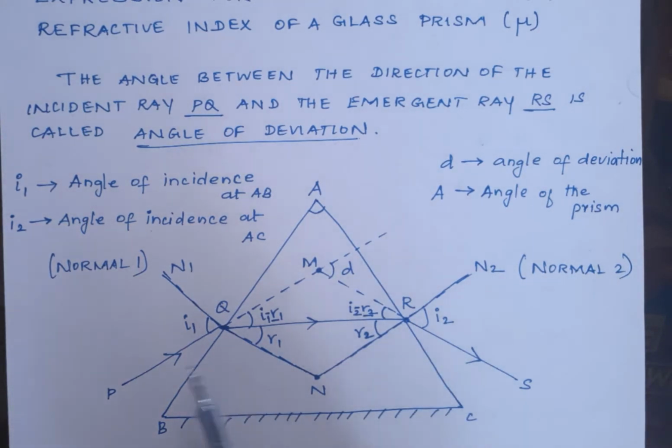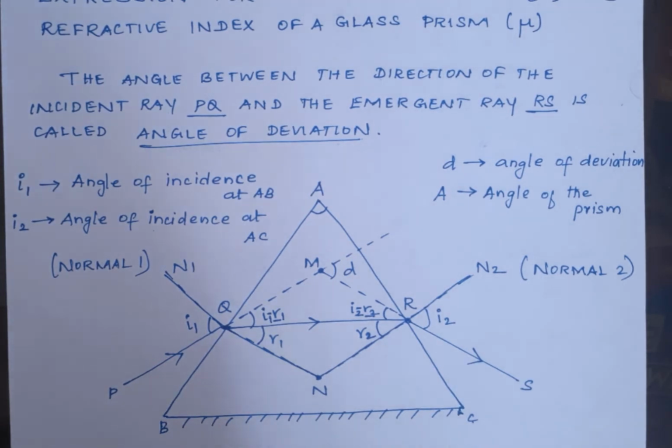That means light rays can pass through, and face BC is a rough surface which is opaque to light. So prism is basically an optical device consisting of three faces, out of which two are well polished, light rays can pass through, and one face is rough which does not allow light rays to pass through, which we call opaque.